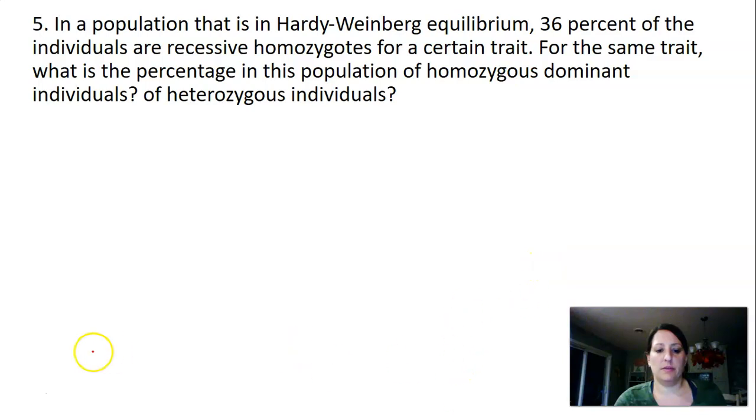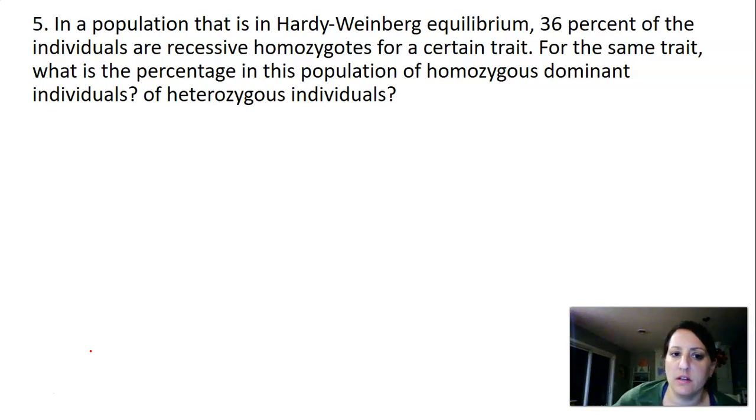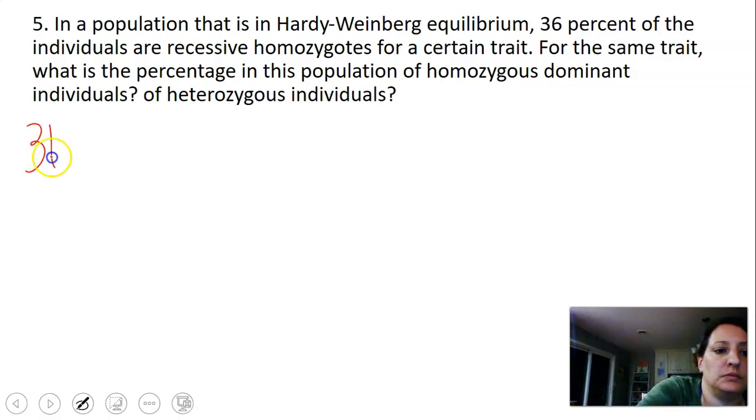Moving on to number 5. Okay, so number 5 reads, in a population that is in Hardy-Weinberg equilibrium, 36% of the individuals are recessive homozygotes for a certain trait. Okay, so right there, 36% is equal to 0.36.